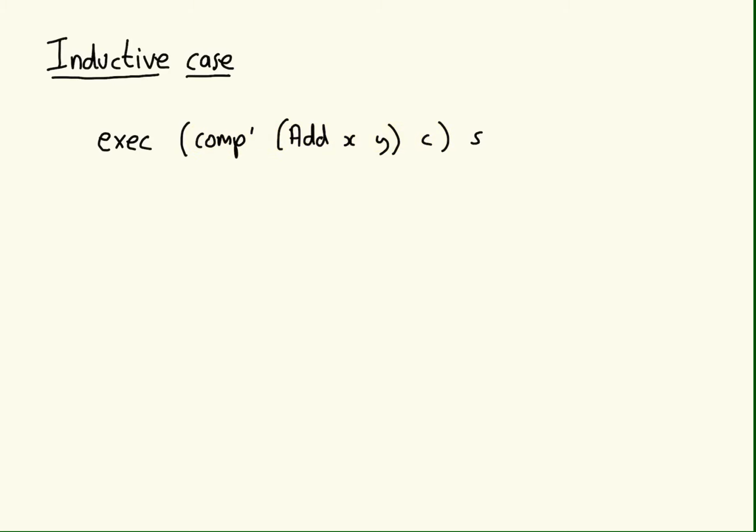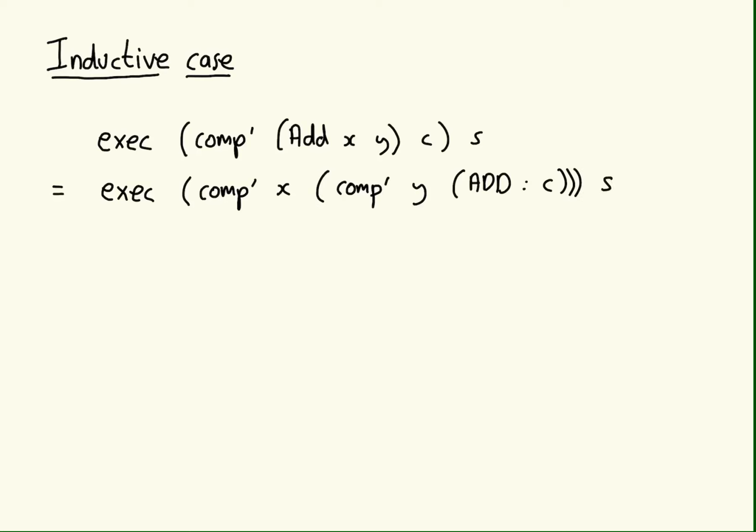We just defined that. So if I expand out the definition of compile prime for an addition, what I'm going to get is execute the result of comp prime of x, and then I'm going to have comp prime of y, and then I'm going to perform an addition. I've got the code C sitting on the end, 3 close brackets, hopefully that's correct, and then I have the stack S sitting here as well.